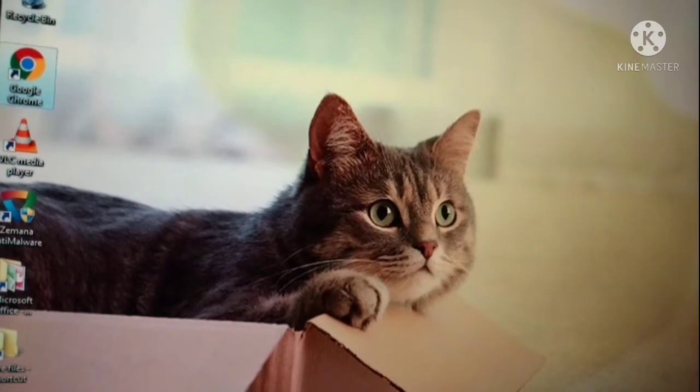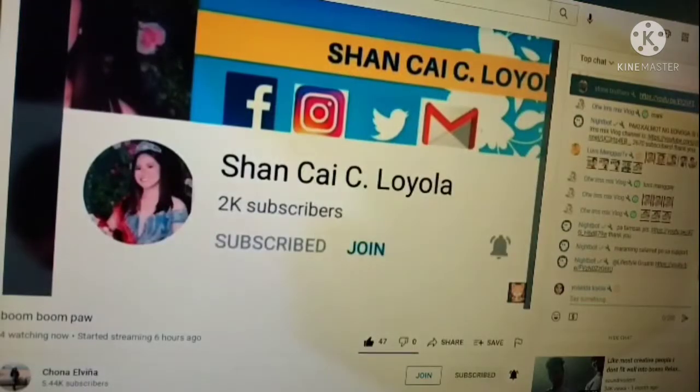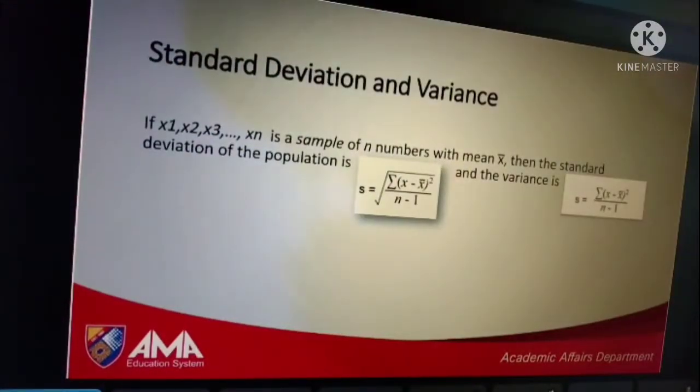Ngayon, if you are only using a sample, ano po yung sample? Halimbawa, out of 350 students, kukuha ka lamang ng 50, you are going to use this formula. Ayan yung formula. Yan yung pinagkaiba ng dalawang formula ng standard deviation and variance for population and for sample.